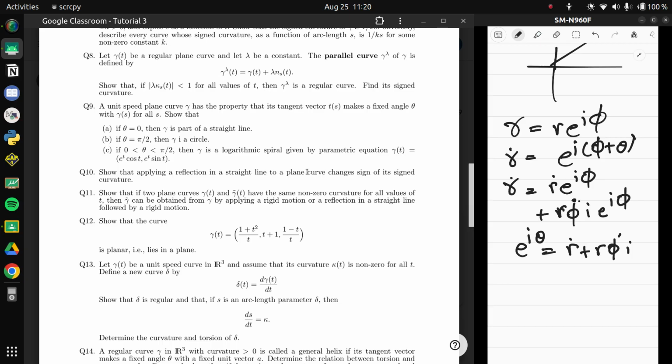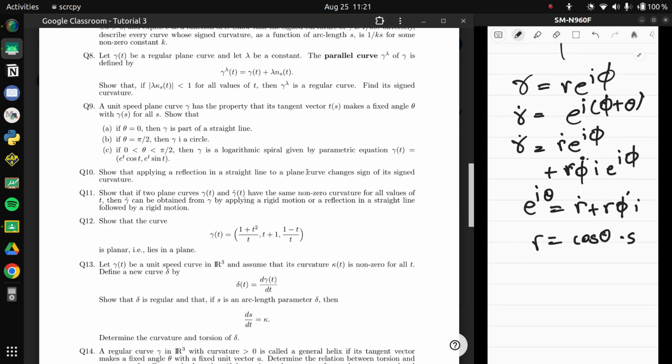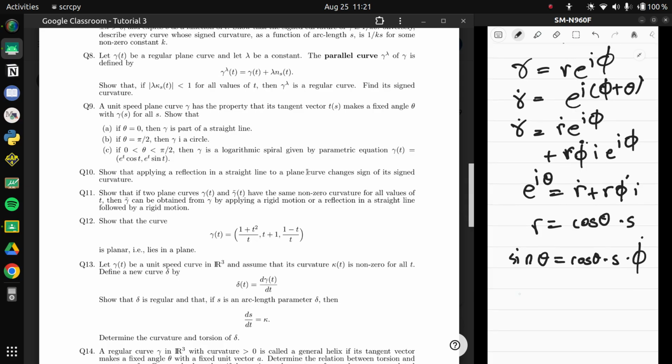So you can just say that r will be cosine of theta times s, right? And then putting that in, we get sine theta equal to cosine of theta times s times phi dot. So that just means tan theta, which is a constant, times s inverse, is equal to phi dot.